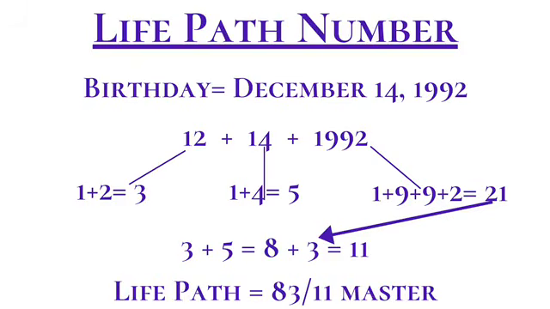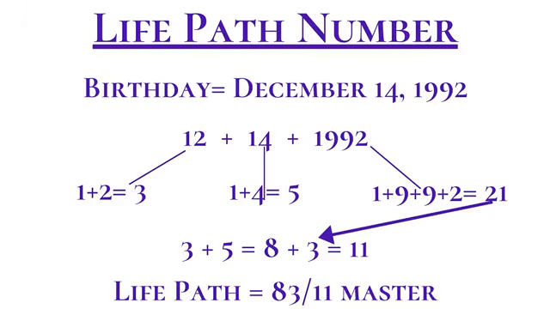Now in this situation, the two numbers that we added together to get the 11 were 8 and 3. So those are very, very important numbers in this situation because this master number 11 will need to utilize the energy of the 8 and the 3 in order to obtain their number 11 life purpose.